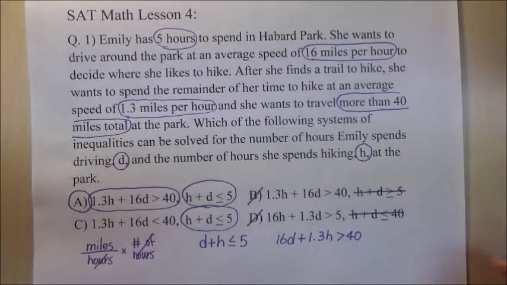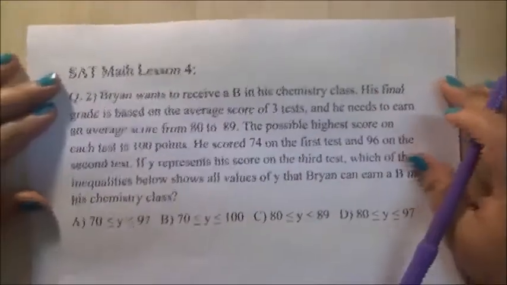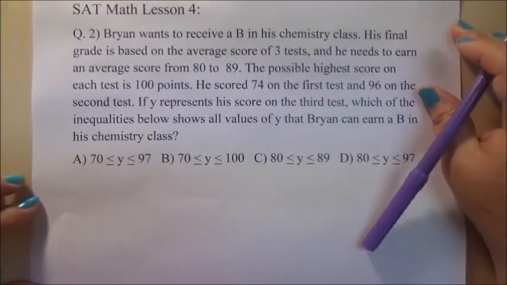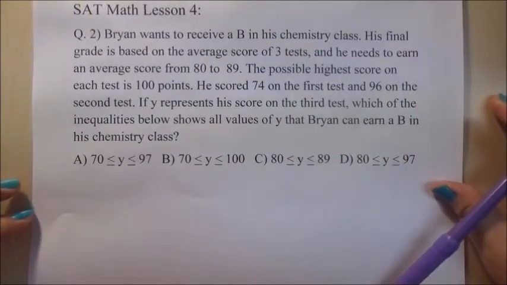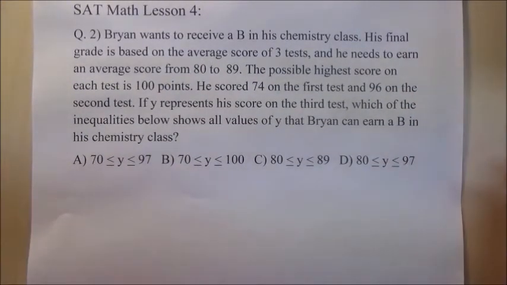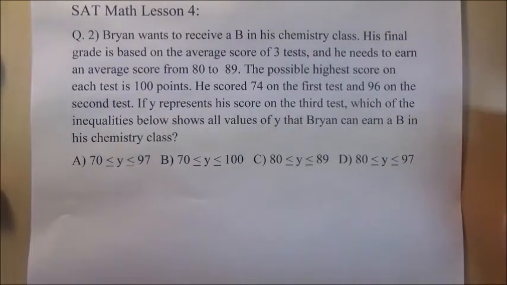So let's do the next problem. Okay, so question number 2. Brian wants to receive a B in his chemistry class. His final grade is based on the average score of 3 tests, and he needs to earn an average score from 80 to 89.